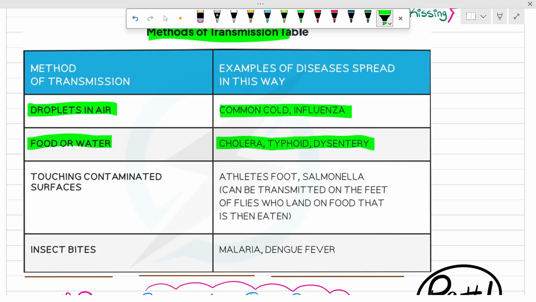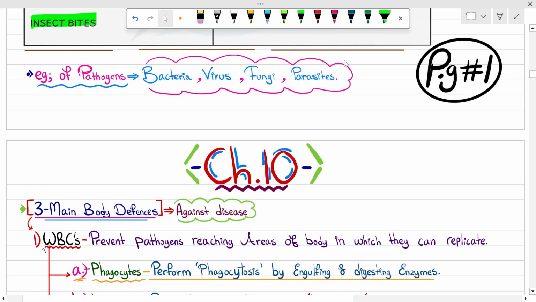Touching contaminated surfaces: the most common one here is salmonella, usually in meat, or athlete's foot. Insect bites are like malaria and fever. Examples of pathogens: the four common examples of pathogens present in our syllabus are bacteria, virus, fungi, and parasites.